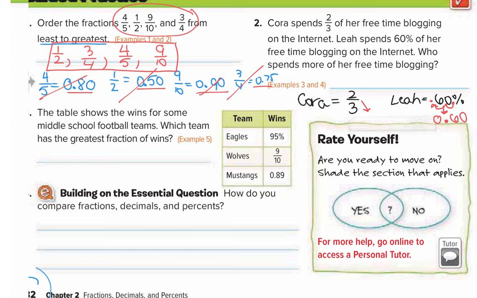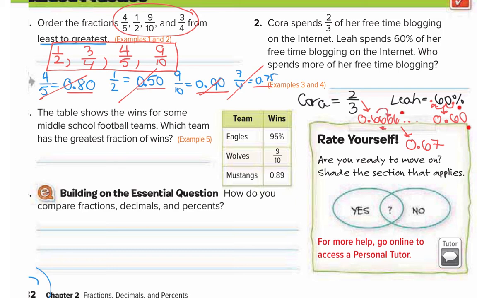So what we want to do is, because it's 0.6 that goes on forever, we just want to round it to however many times the other decimal goes up to, so they're easy to compare. So this has two numbers after the decimal, so we want to make this two numbers after the decimal. So if I were to round this to the hundredths place, I would get 0.67 because this is the hundredths place.